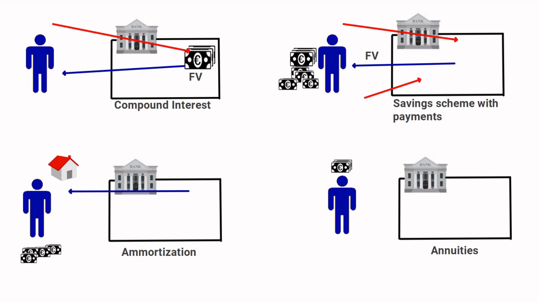So over time, you're going to make these payments back to the bank to try to pay off the mortgage. So over time, you'll just keep making these payments, and eventually the debt will be cancelled out. So in these types of situations, the future value will always end up being 0.